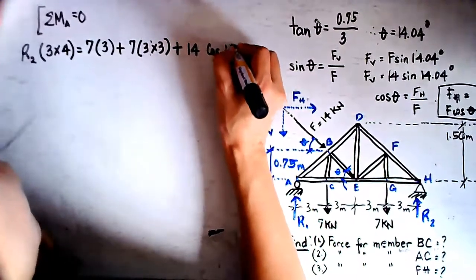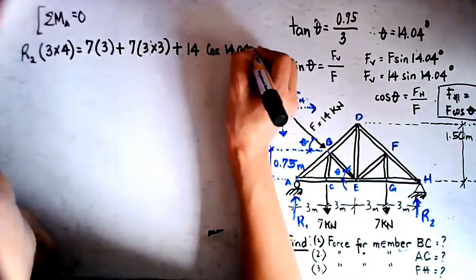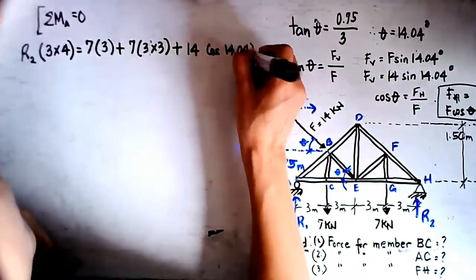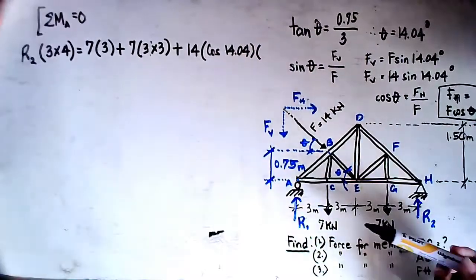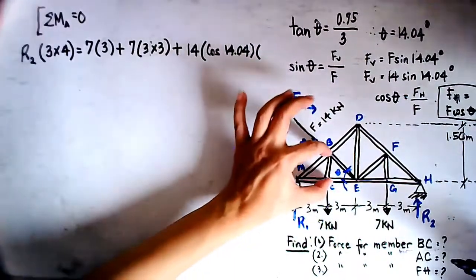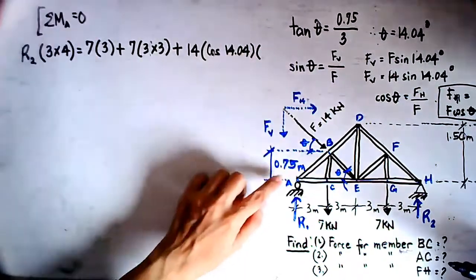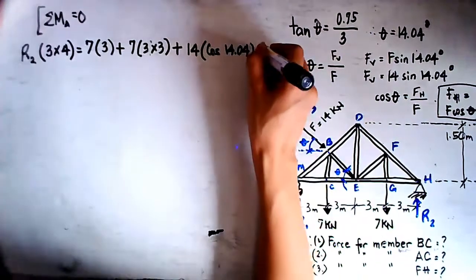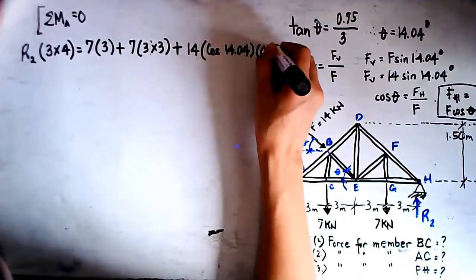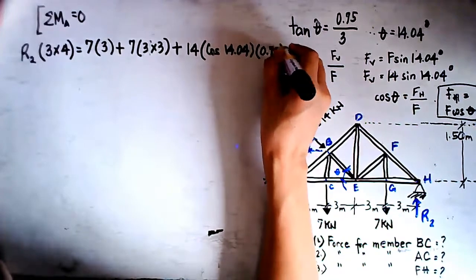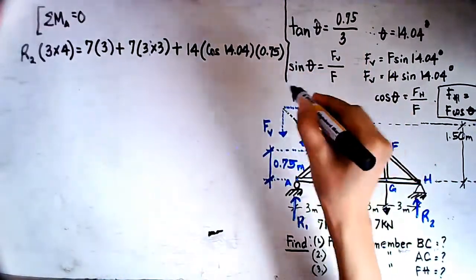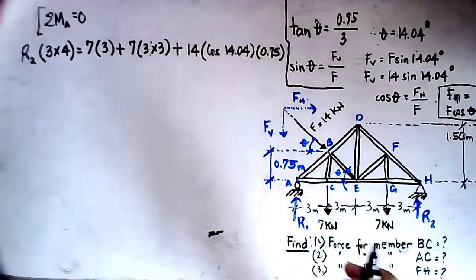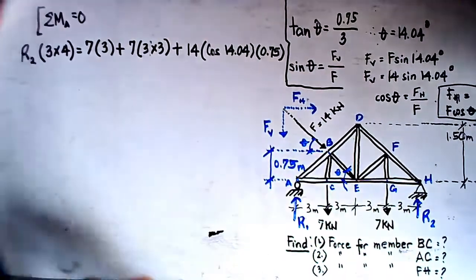Then we multiply it by the distance from point A of the horizontal component, which is 0.75. So that would be our first equation.